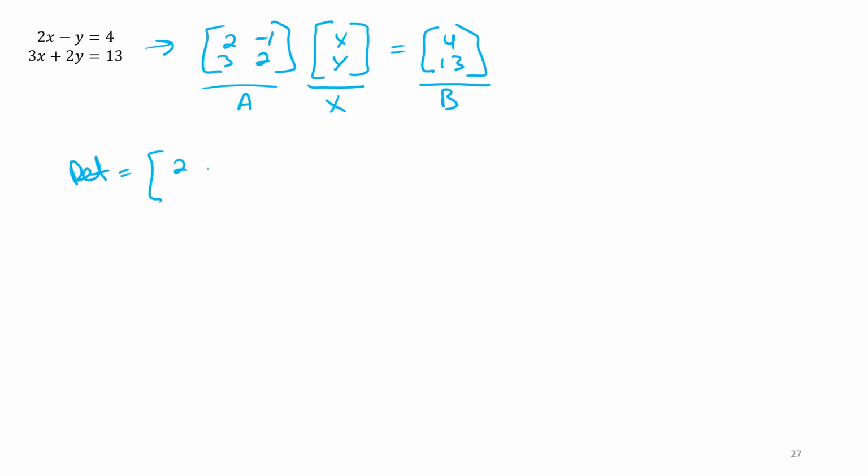So we have the 2, the -1, the 3, and the 2. Doing our fish, you get 2 times 2 minus -1 times 3. And our determinant would equal 7.